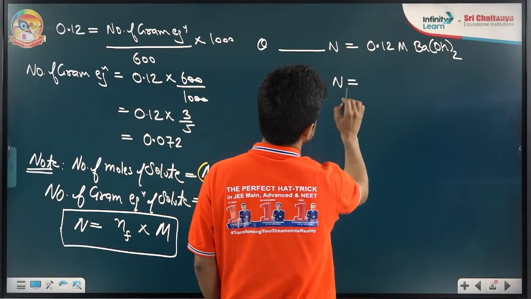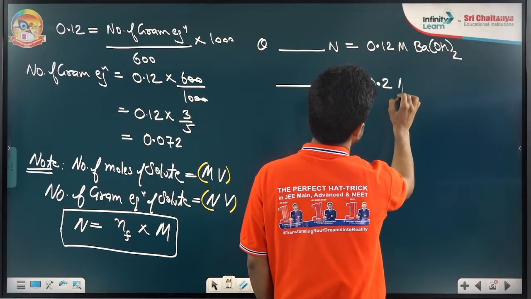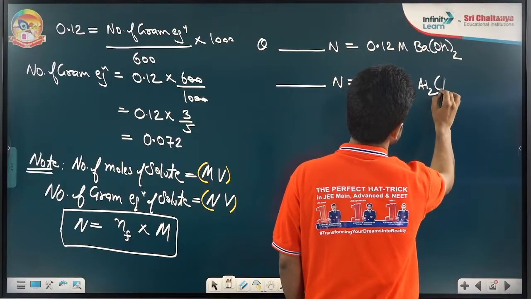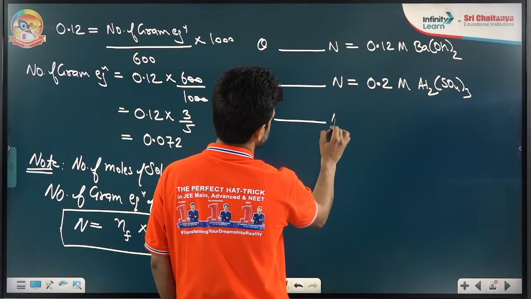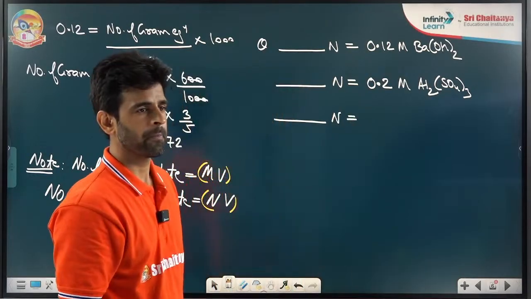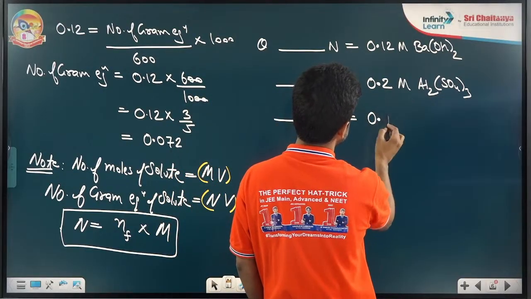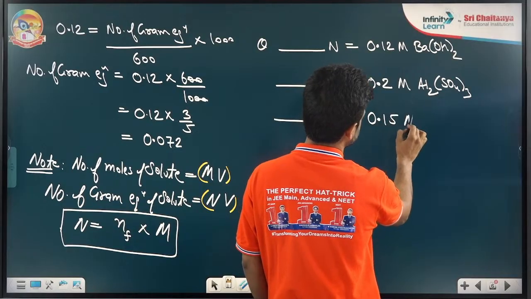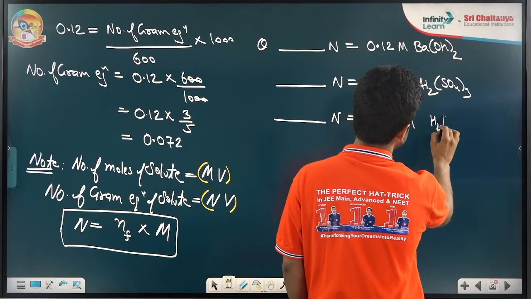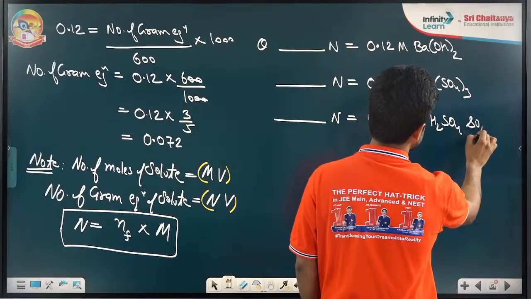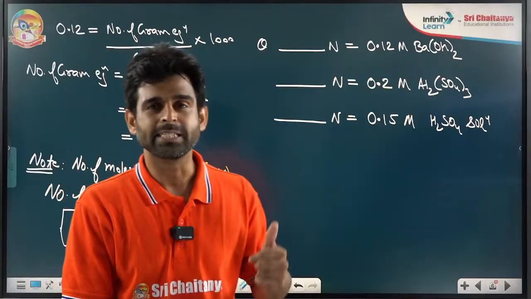Similarly, find the normality of 0.2 molar Al2(SO4)3. And similarly, 1.5 molar sulfuric acid, H2SO4 solution.